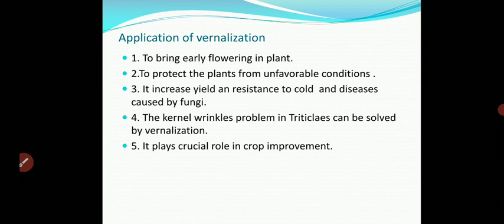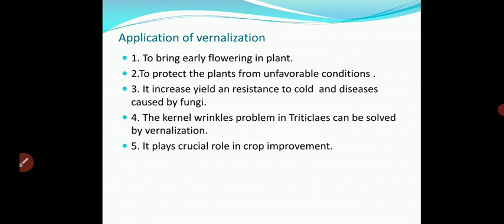Now we have discussed photoperiod as well as vernalization. Both processes are very important in the induction of flowering. So let's see the difference between photoperiodism and vernalization. Photoperiodism is a response to the relative length of light and dark periods, while vernalization is the acceleration of the ability to flower by chilling treatment.